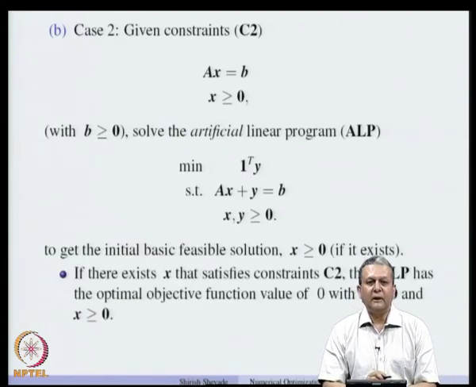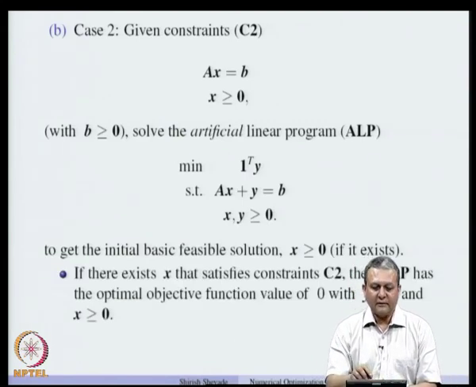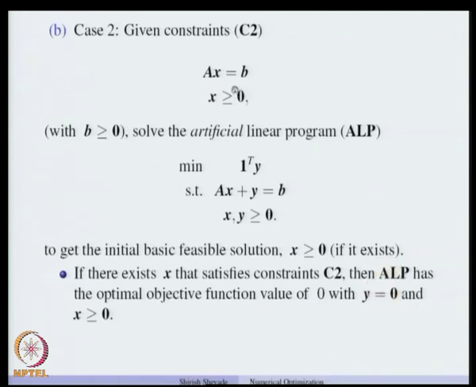As I mentioned, if there exists x that satisfies these constraints, then the artificial linear program has the optimal objective function value of 0 with all y's to be 0, and therefore we have as a solution of this program x, where x satisfies x equal to b and x is non-negative.